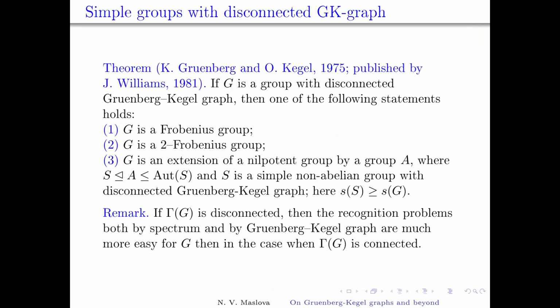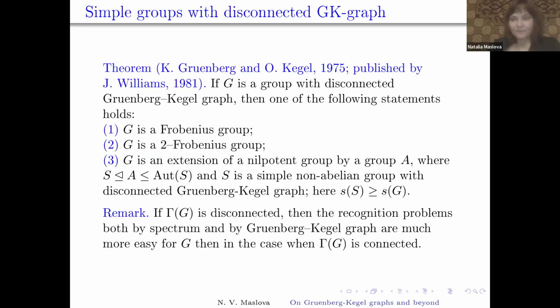Can you please remind what a Frobenius group is? A Frobenius group is a finite group such that this group contains a proper subgroup such that if you take each element from the group but not from the subgroup and conjugate this subgroup by this element, then the intersection of the subgroup and the conjugate is trivial, is equal to 1, for each element not from the subgroup.